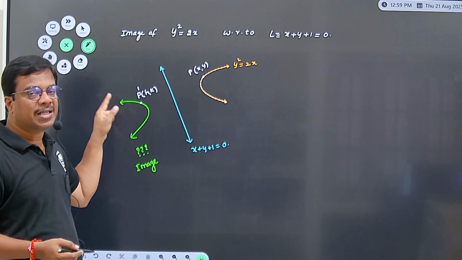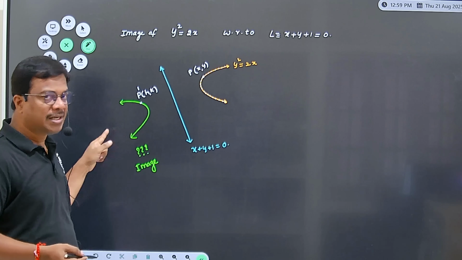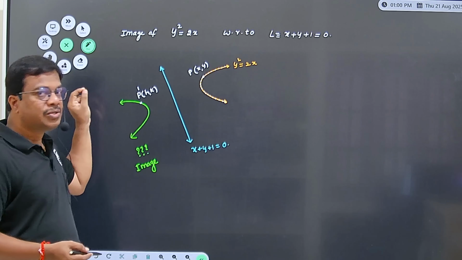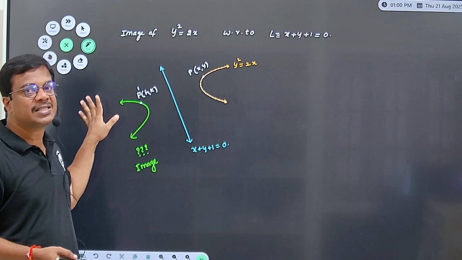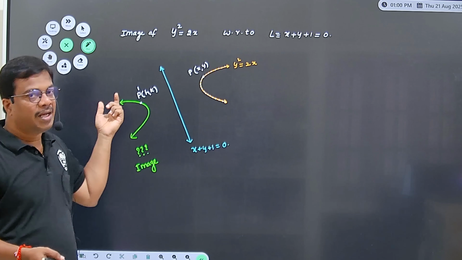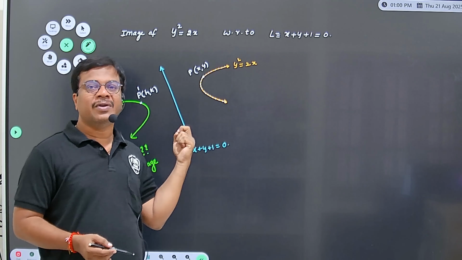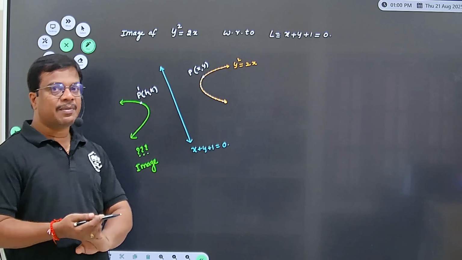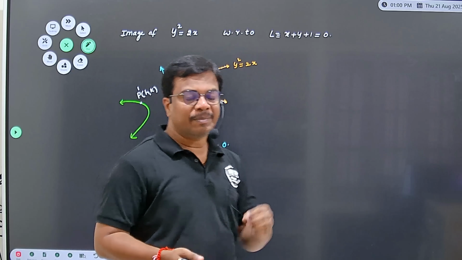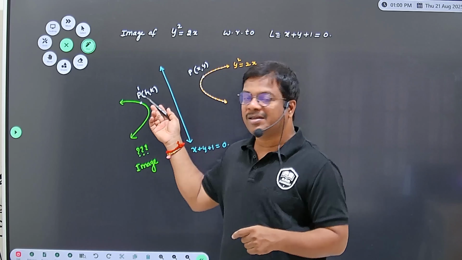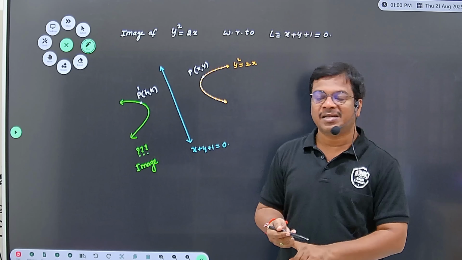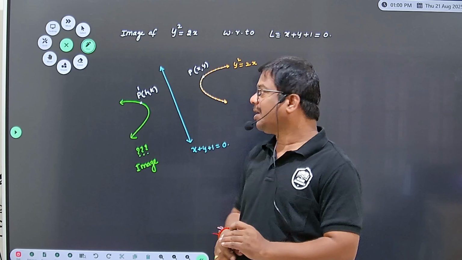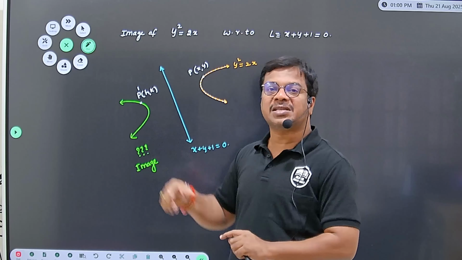Here (h, k) are the coordinates on the image curve, and hence the image curve should finally be in terms of h comma k, and replacing with x comma y we get the equation in terms of x and y. P(x, y) is a point on the given curve. My aim is to find first P dash, and from that the relation between h comma k gives the image curve.